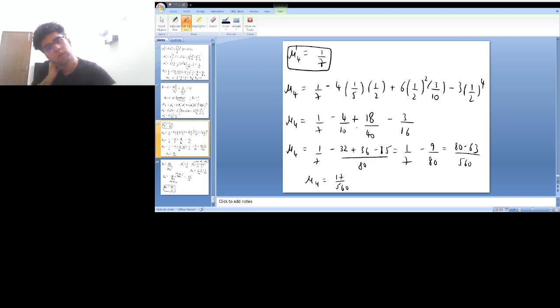Wait. So this was 4 upon 10. 5 into 10 plus 18 upon 40 minus 3 upon. I didn't do this correct. 4 into 8, 32 minus 32 plus 36. This becomes 4. Positive 4. 15 minus 4 becomes 9. 9 plus 4.